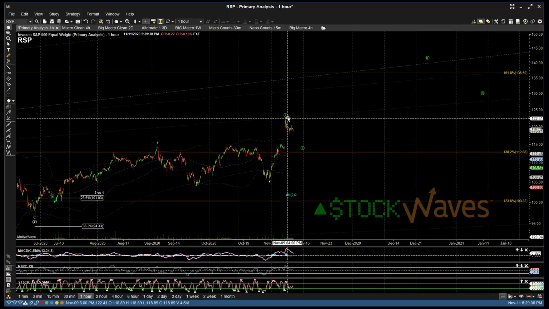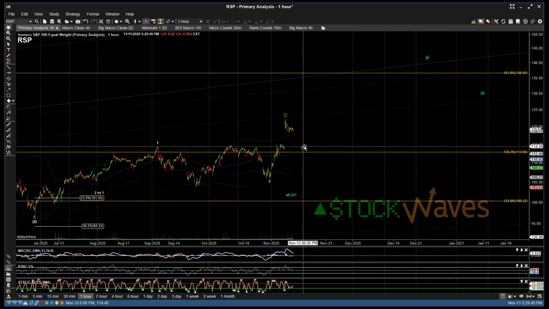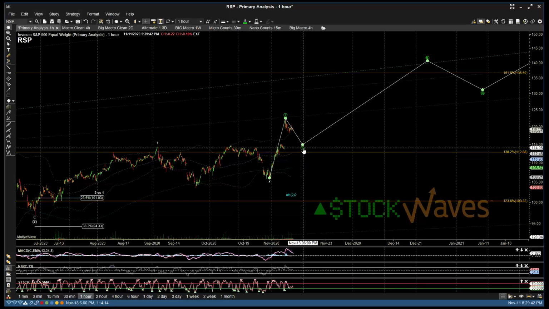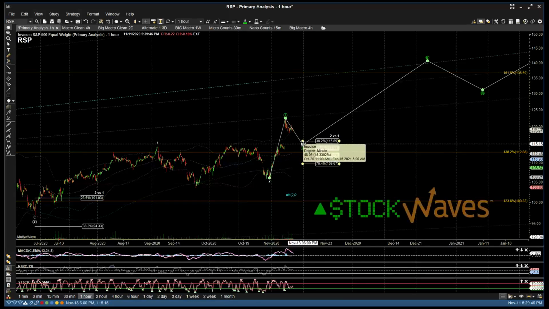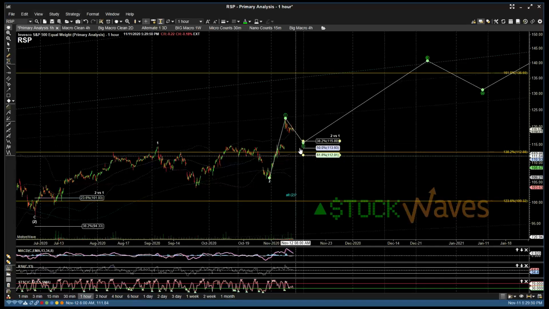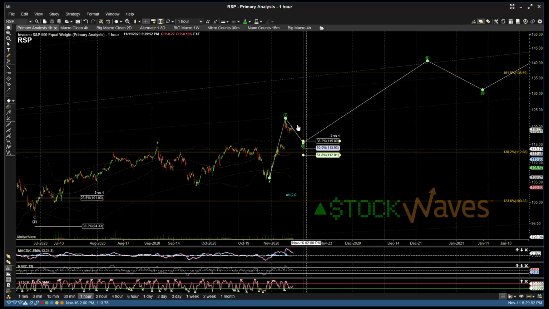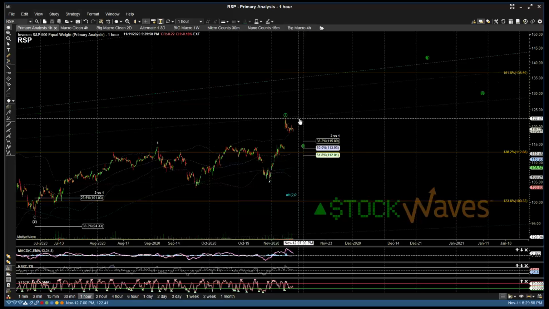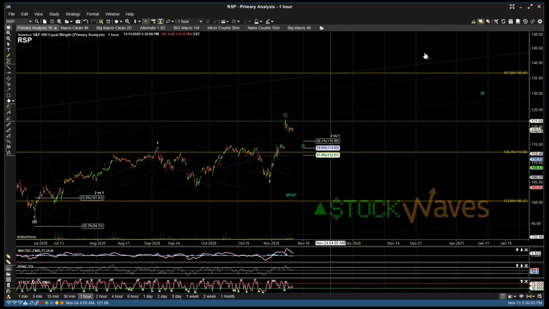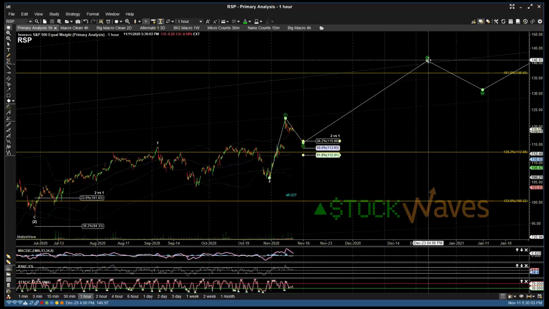We have an impulsive looking move off the low that fits with a lot of other charts being the start of a third. And we are looking for ideally a little bit more of a consolidation into the 116 to 112 region on this chart to fill out more of a reliable wave 2. But certainly any move over this prior high can be off to the races pretty quickly.